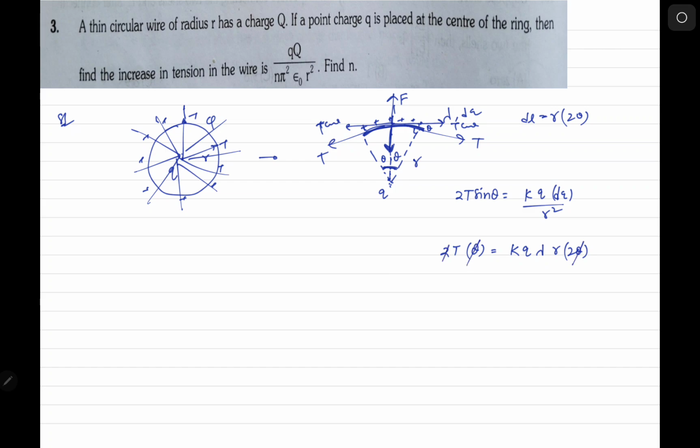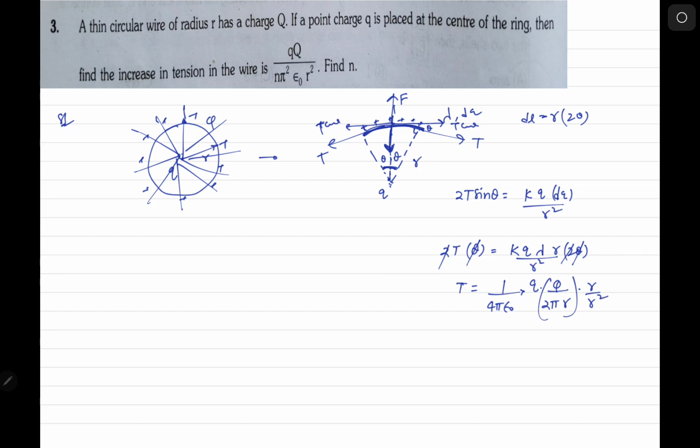Theta cancels, 2 cancels, so tension is equal to, put the k value, 1 upon 4 pi epsilon naught into q into lambda, which is the linear charge density of this ring, written as Q by 2 pi r, into r. I missed that r square is also there.